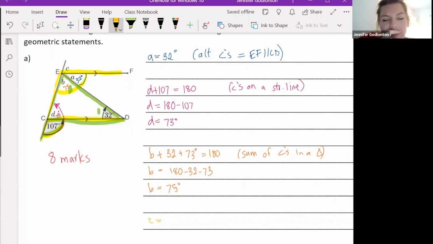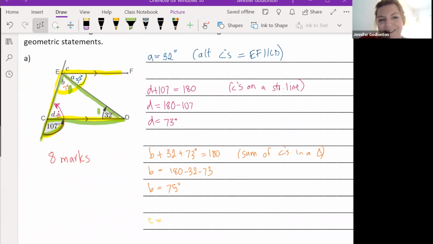Okay, we've taken a wrong turn. You could use exterior angles of a triangle here, but it would be quite messy, so it won't be our easiest one to work with for C. But good try, good try. And I like that you saw that it was an exterior angle.